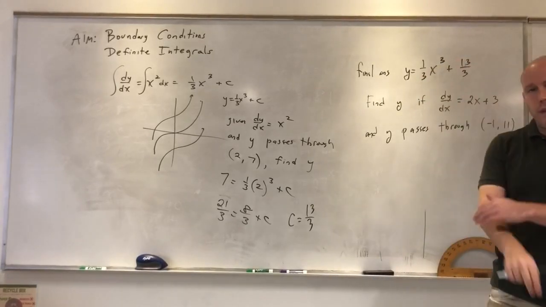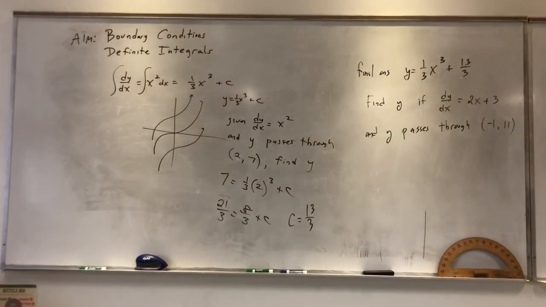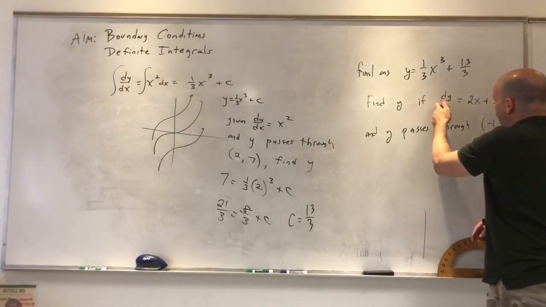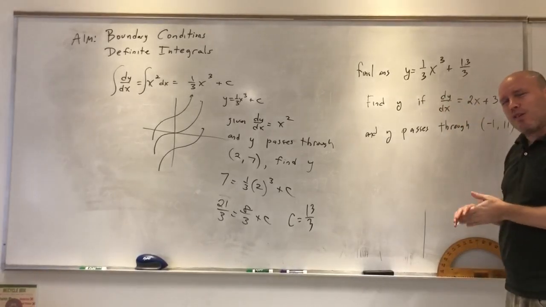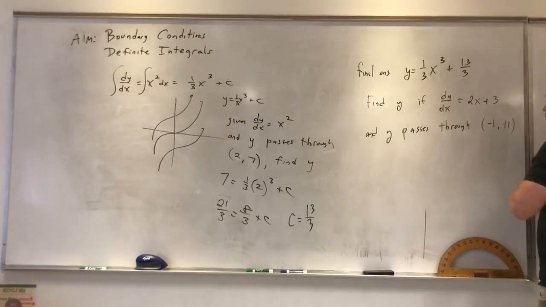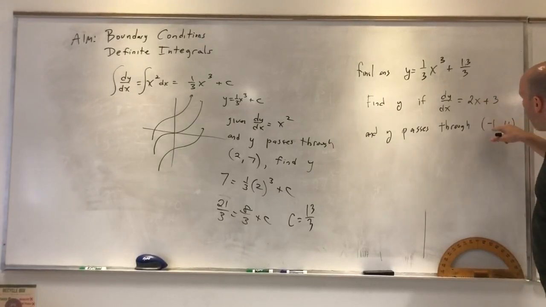Okay, pause the video, take a moment. Okay, we're back. So we have the derivative, so we know the integral. The original function is obviously a quadratic, so it's a parabola that passes through the point -1, 11.